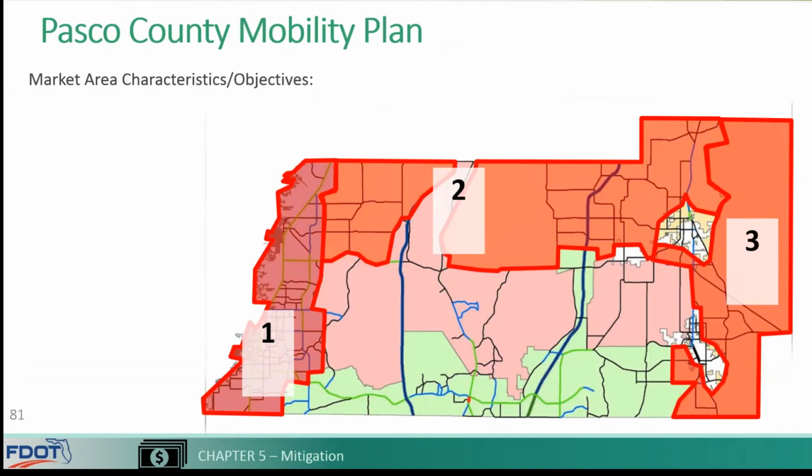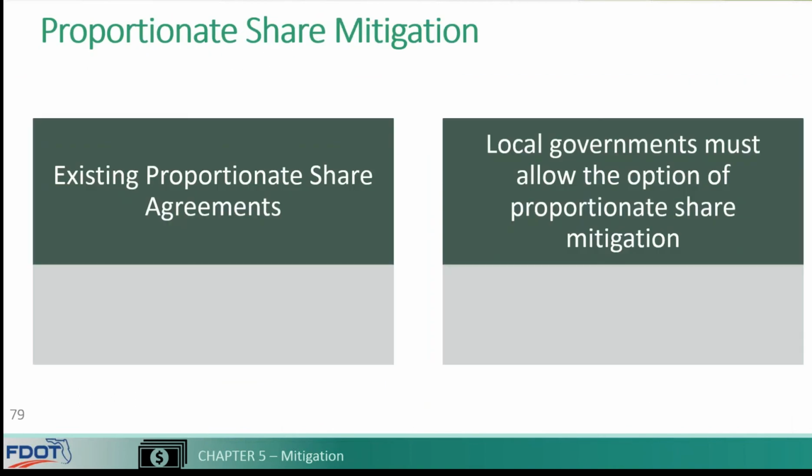And let's see, okay. Before we go back on to that, where things get interesting is that under the prop share system, facilities considered deficient with the additional traffic from the development under review are the ones that are considered in the prop share calculation.